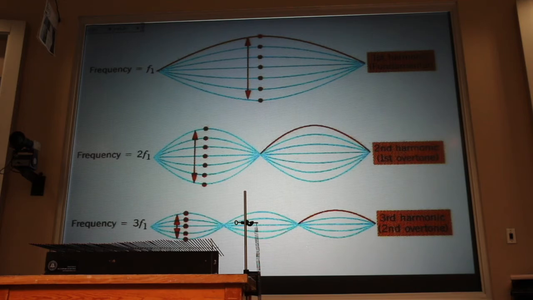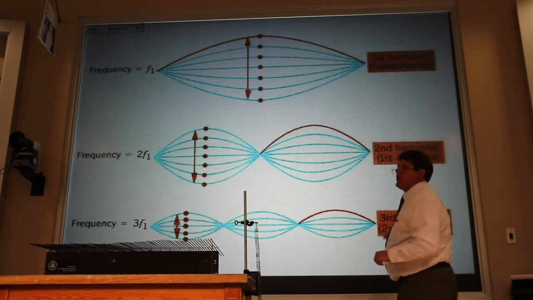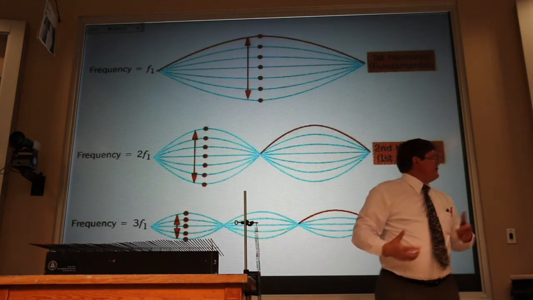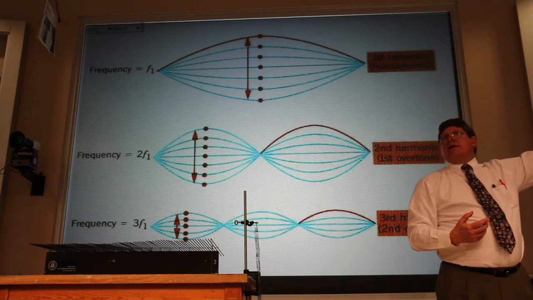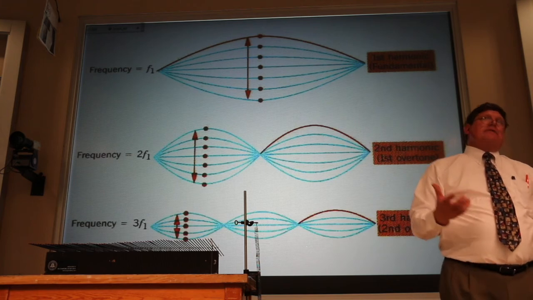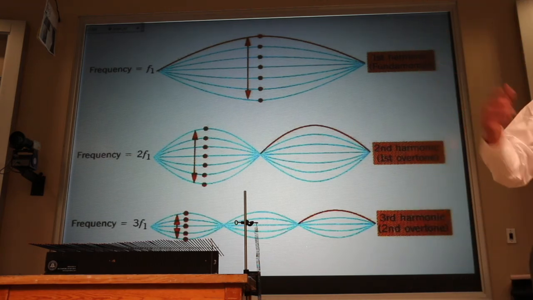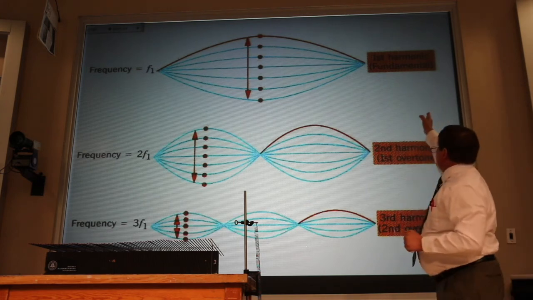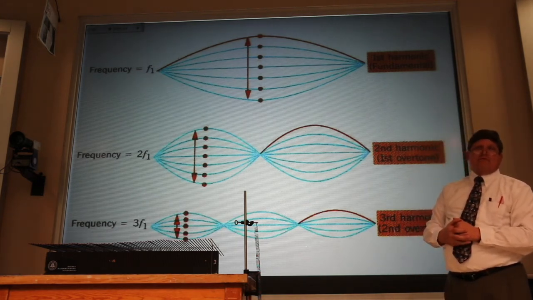In the physics department, we call this the first harmonic, the second harmonic, the third harmonic, because we want to use that mathematics. We want the third harmonic to be 3 times the first harmonic. Over in the music department, they don't care so much about the equations. They just want it to sound pretty. So they call it the fundamental, the first overtone, and the second overtone, so forth.